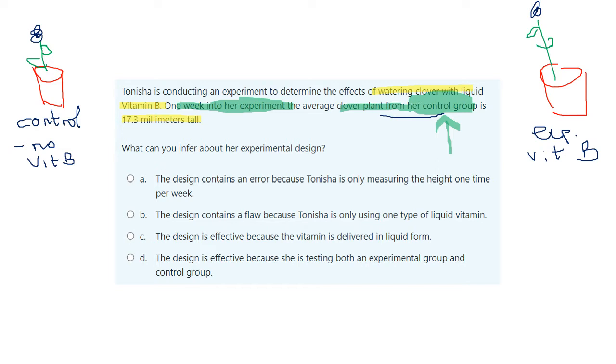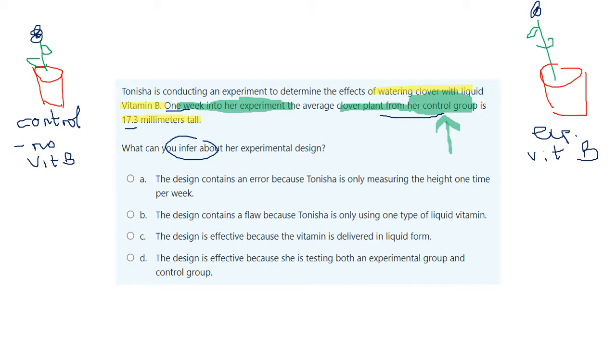What can we infer? What can we guess about her experimental design? The design contains an error because Tanisha is only measuring the height 1 time per week. Well, we don't know if she only measures 1 time per week. It says after 1 week, it is 17.3 millimeters tall. We don't know if she measures the height every day or not.